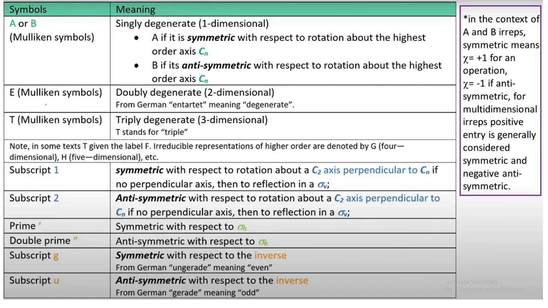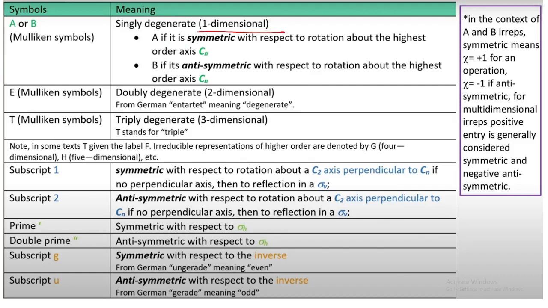Now can you see this? Okay. So first is A or B. The Mulliken symbol will start with the letter A or the letter B based on if it is one dimensional.